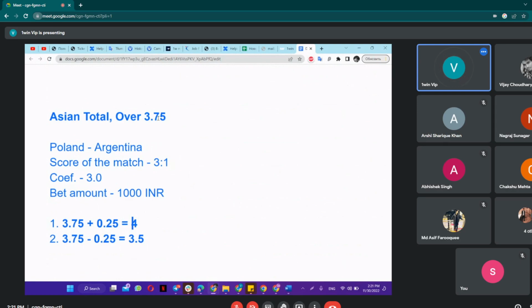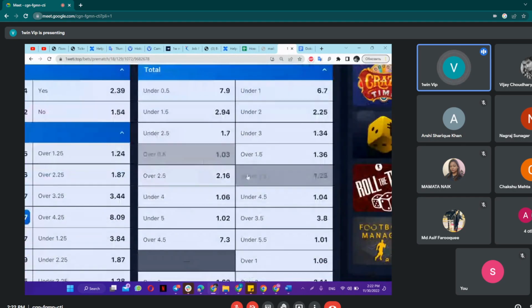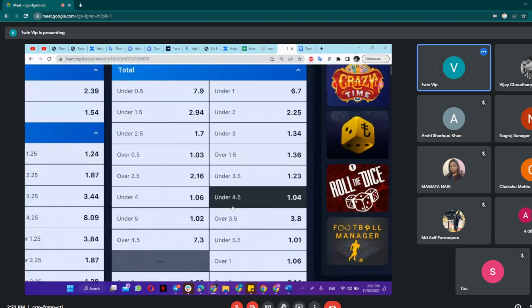Now, we have 3.75. We don't understand how to calculate it, but now we recalculated it, and we have two different bets: total over 4 and total over 3.5. And let's check these outcomes in regular total.